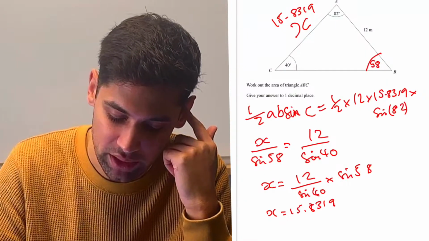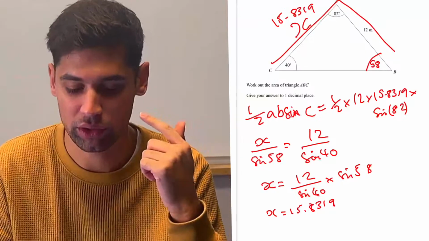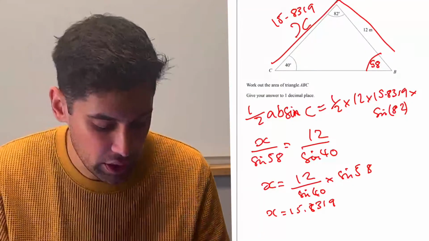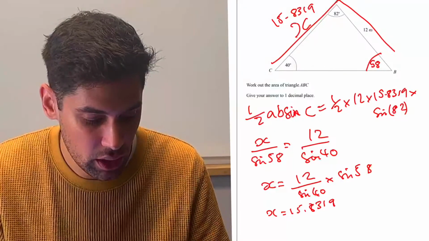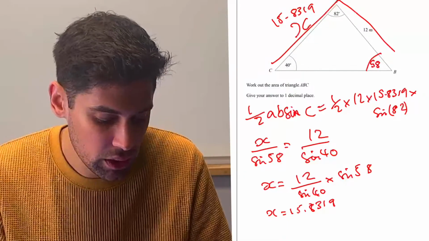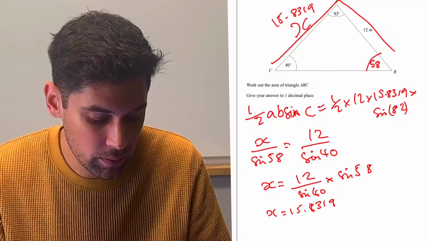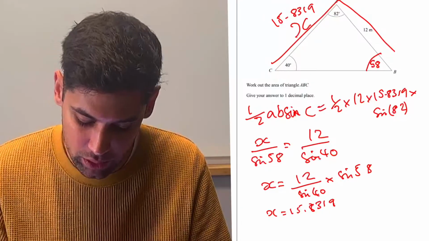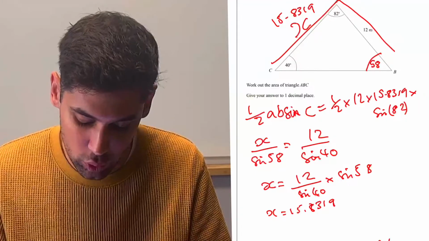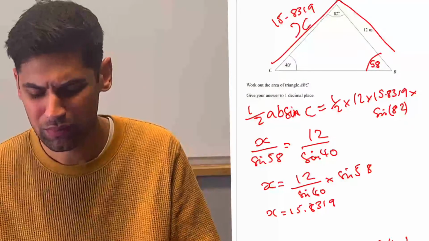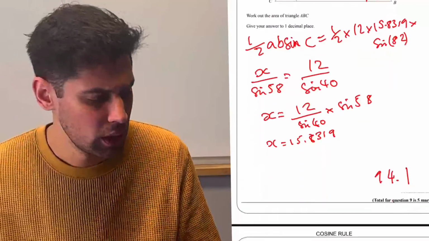Because remember, it's got to be this side angle side thing for us to do the half AB sine C. And then it's just plugging that into our calculator: 0.5 times 12 times answer times sine 82. And we get a beautiful value of 94.1 to one decimal place. Love it. Don't you just love it?